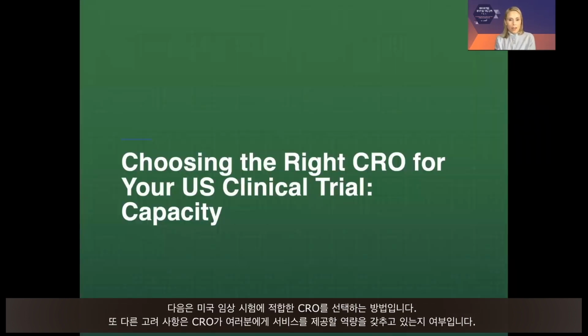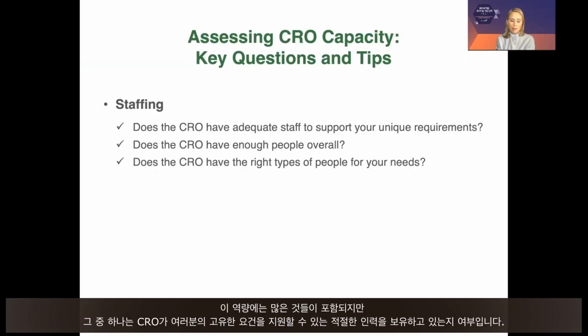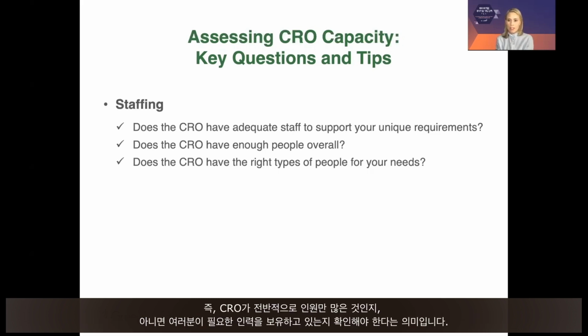Choosing the right CRO for your US clinical trial, another aspect to think about is the capacity of the CRO to service you. That means a couple of things, one of them being staffing. Does the CRO have adequate staff to support your unique requirements? That can mean, does it have enough people overall, or does the CRO have the right types of people for your needs?